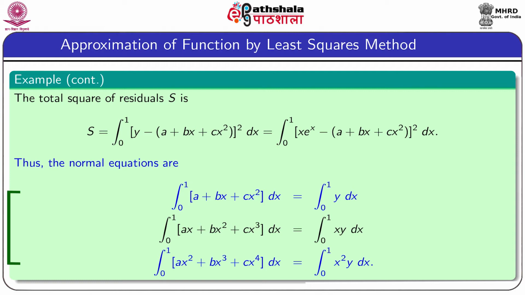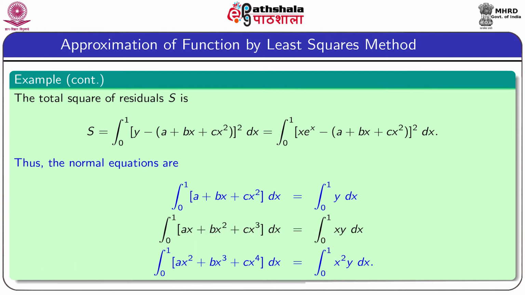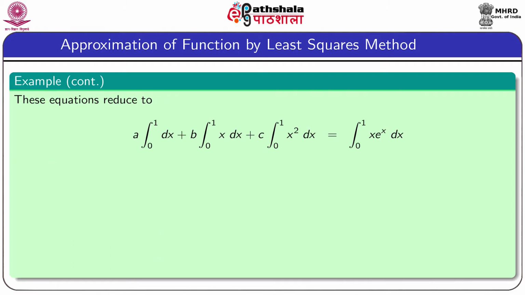Note that the second normal equation is obtained by multiplying the integrand by x. And the third normal equation is the integral from 0 to 1 of (ax² + bx³ + cx⁴) dx equal to the integral from 0 to 1 of x² y dx.